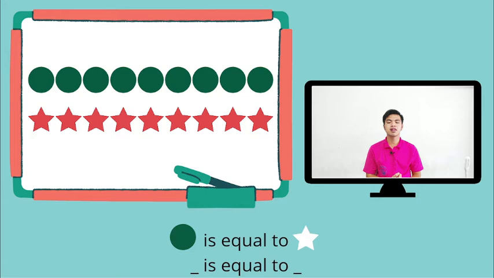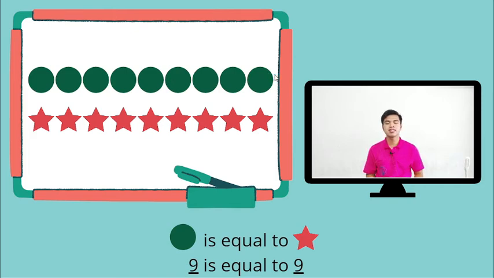We have 9 circles and then 9 stars. So we will decide, is it greater or smaller than each other, which is bigger or which is smaller. But in this case, they are equal. So circles are equal to the stars. Okay, and then we're going to count 1, 2, 3, 4, 5, 6, 7, 8, 9.